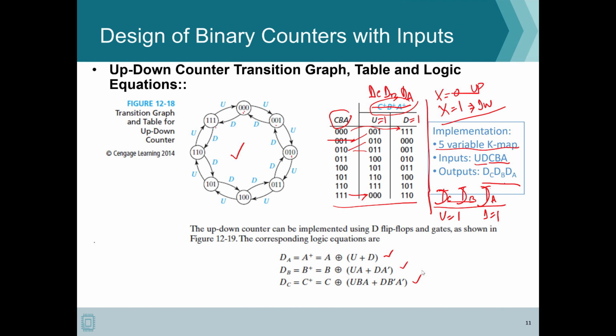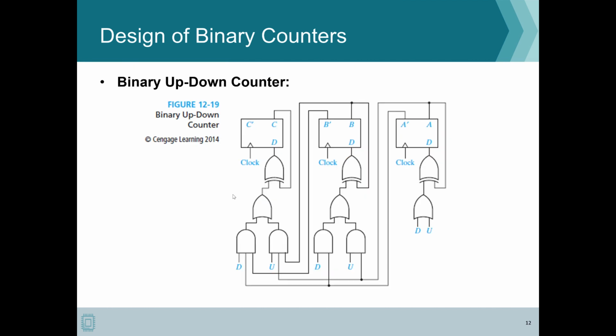Then we need to implement those expressions. Again, the feedbacks are not necessary, just simply use those values. As you can see, this is for B dash, and this is for A dash, and so on. So this actually implements a binary up-down counter.